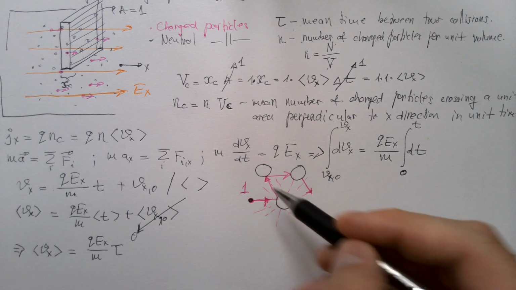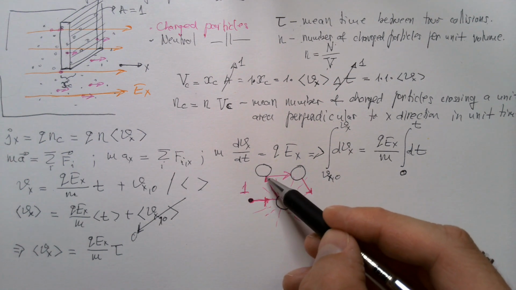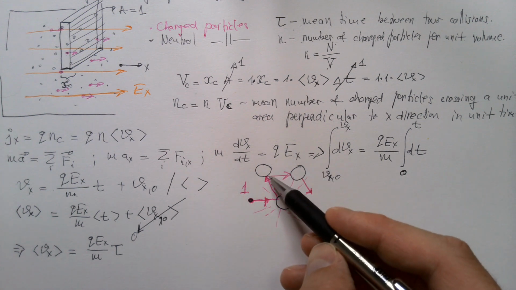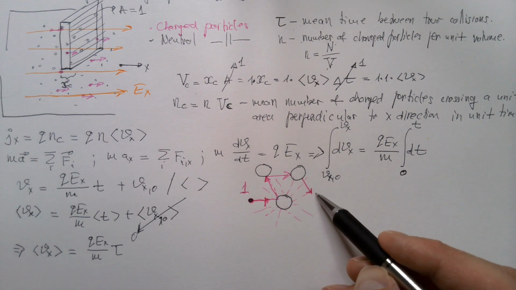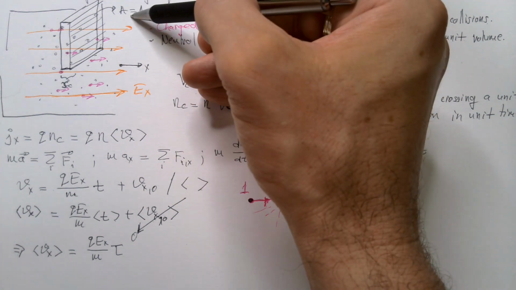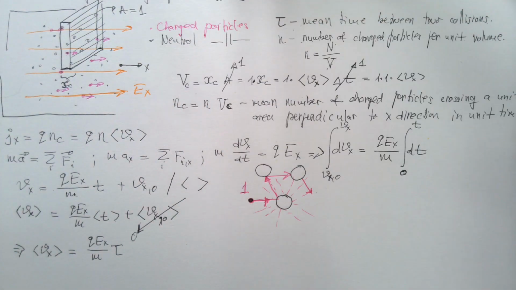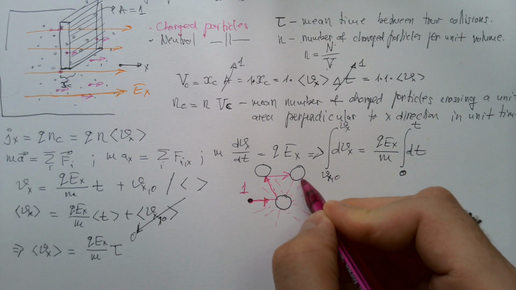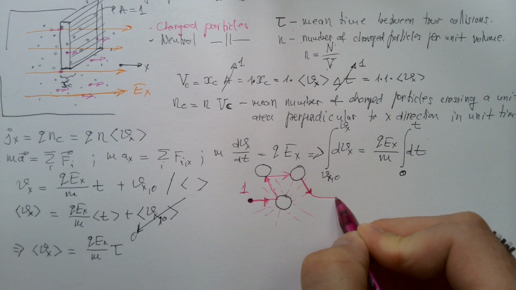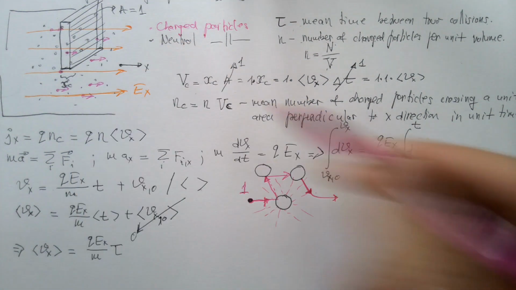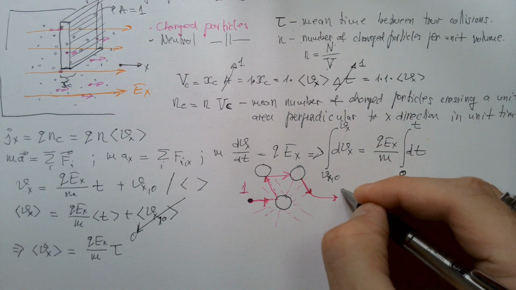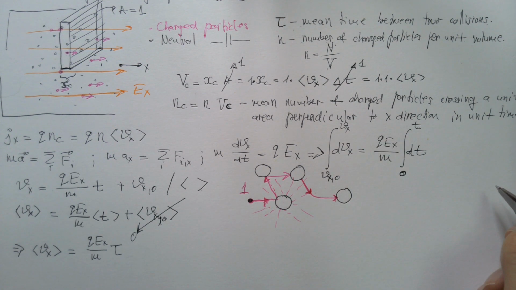After every bounce, it has a random initial velocity Vx0, but that initial velocity will be adjusted after certain time by the effects of this electric field. So perhaps it will look like this initially, but then it starts curving in the direction of the electric field, like I indicated here, and then it encounters another neutral particle.